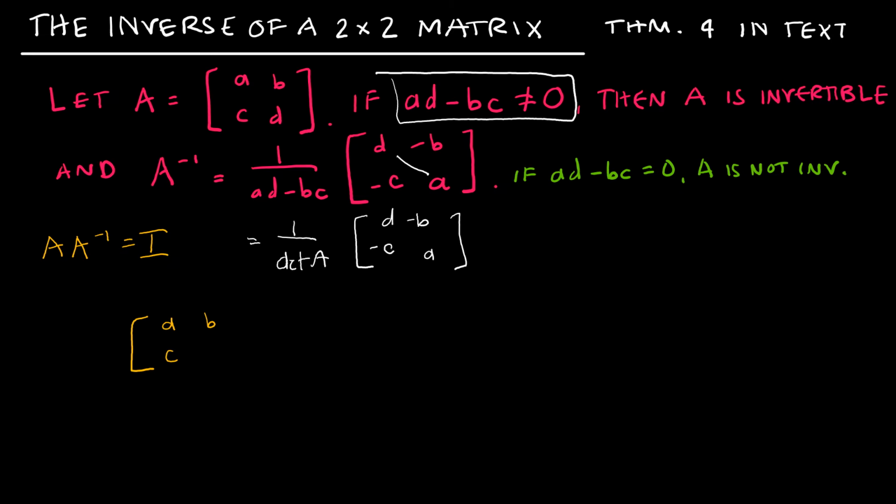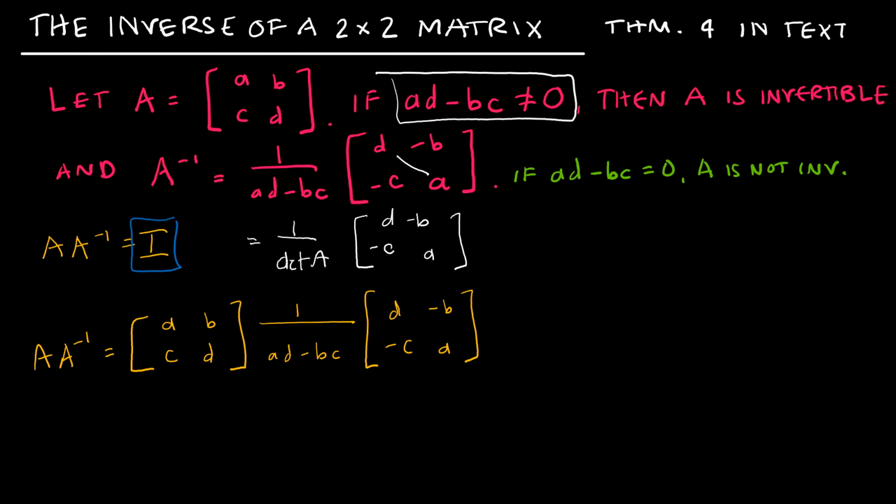A, B, C, D times 1 over AD minus BC multiplied by D, negative B, negative C, A. That's A times A inverse. And supposedly, if I do all of this work, I should end up at the identity, which in this case would be 1, 0, 0, 1.